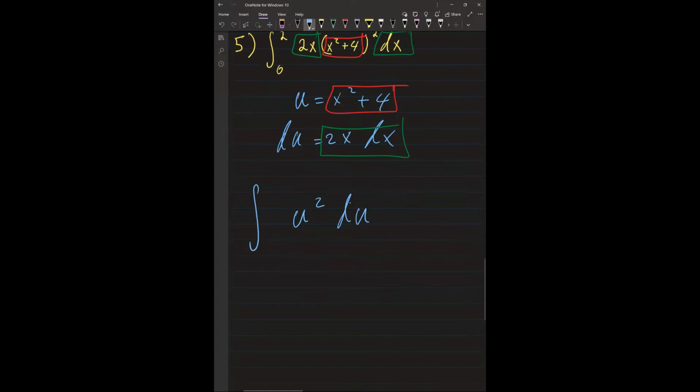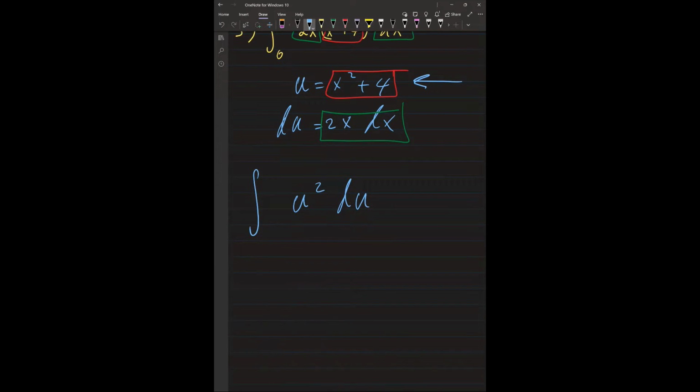Okay. Now this is different. As soon as you get rid of all the x variables and replace them with u variables, you need to adjust the lower limits and the upper limits using this expression right here. So what is u when x is 0?